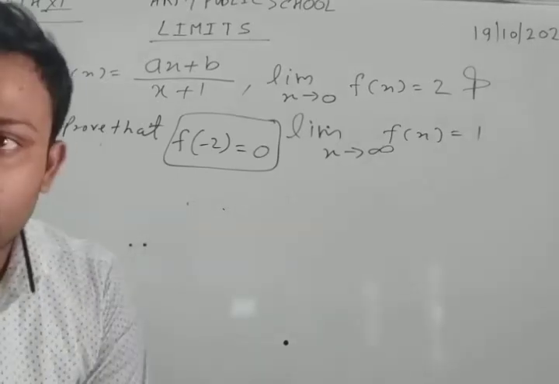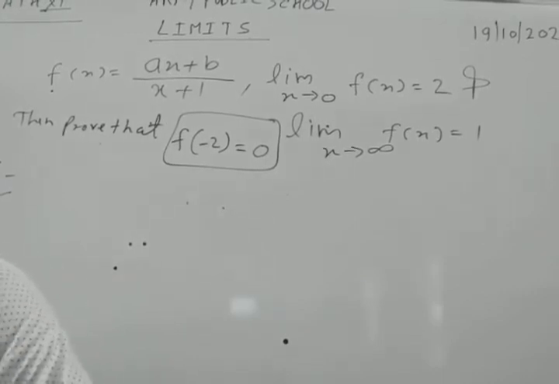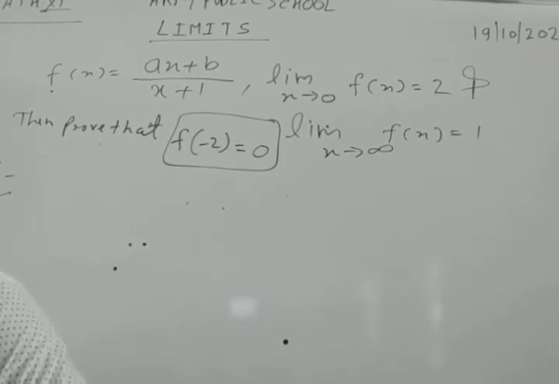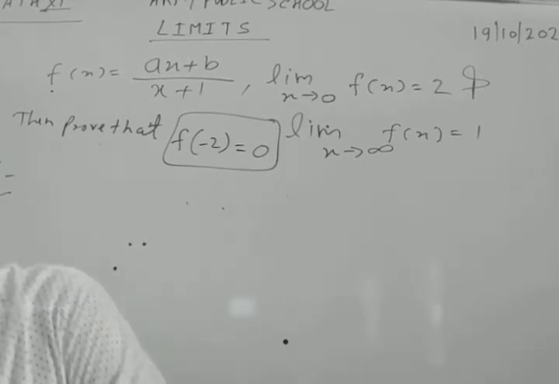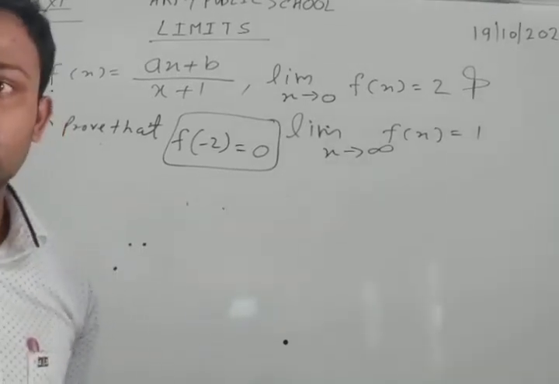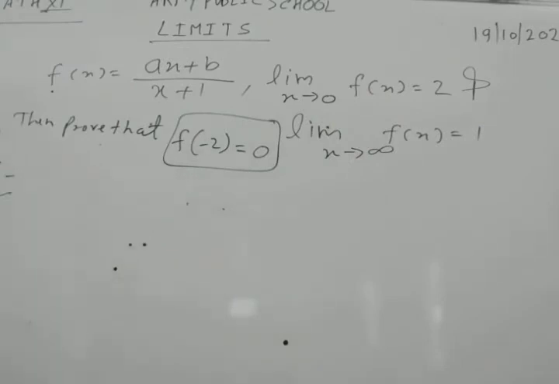Okay, what is given? We are given f(x) is equal to (ax plus b) upon (x plus 1), limit x tends to 0, f(x) is equal to 2, limit x tends to infinity, f(x) is equal to 1, then prove that f(minus 2) is equal to 0. So let's start. First we use the given.